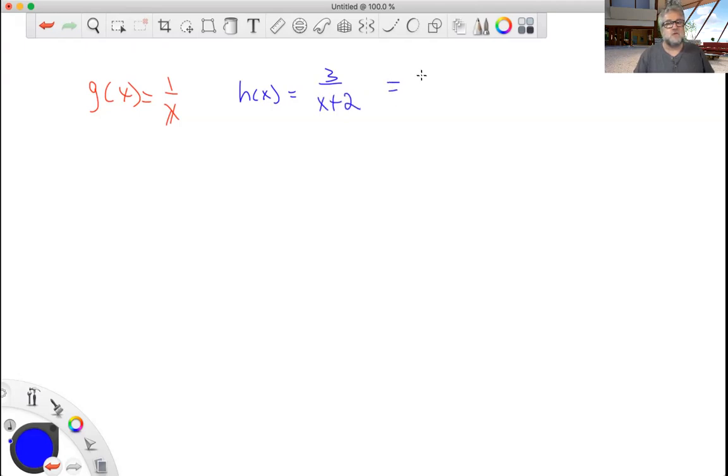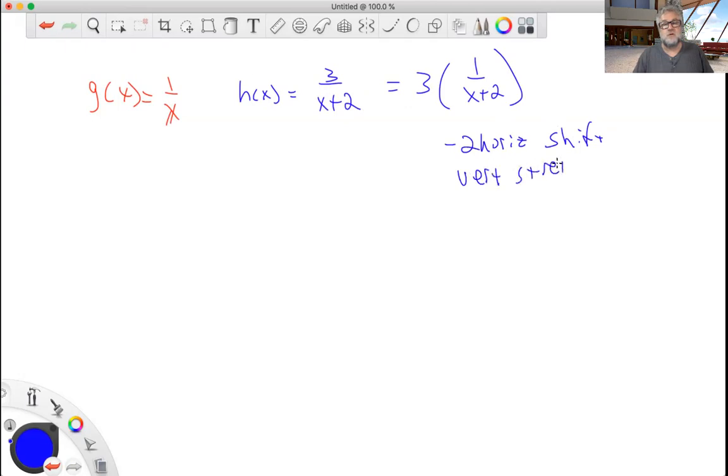So this looks like 3 times 1 over x plus 2. And so this is still a -2 horizontal shift. But now, when you have a coefficient out front, this is also a vertical stretch of a factor of 3.